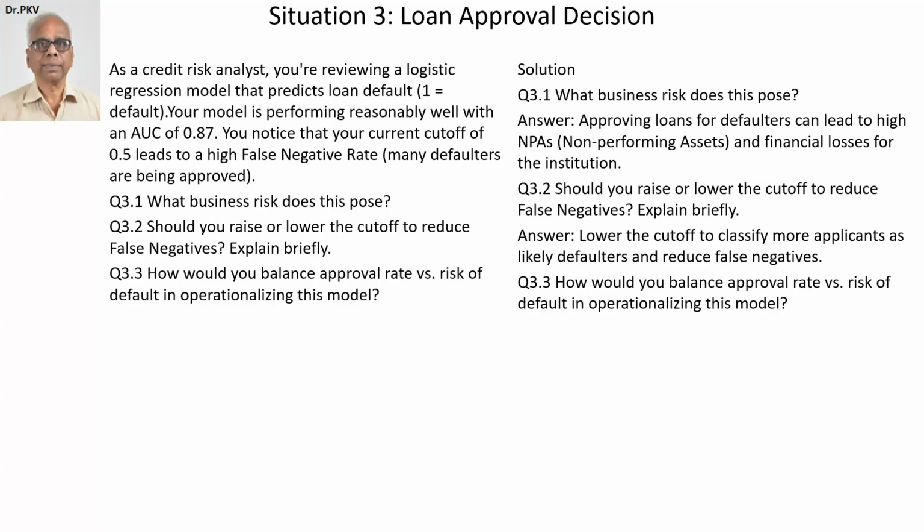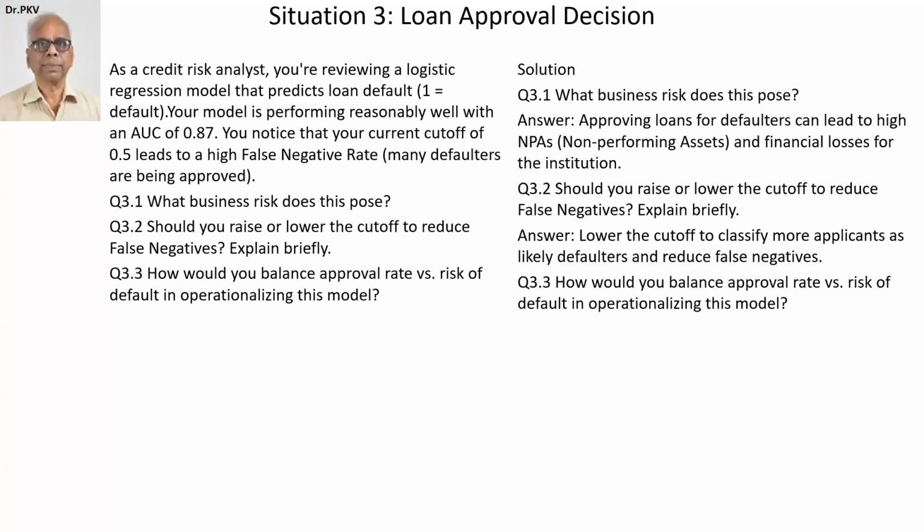And therefore, when you lower the cutoff, you will have many defaulters flagged as potential defaulters by the model, and you can take action and appropriately reduce the non-performing assets. The bank will be in a sound position.